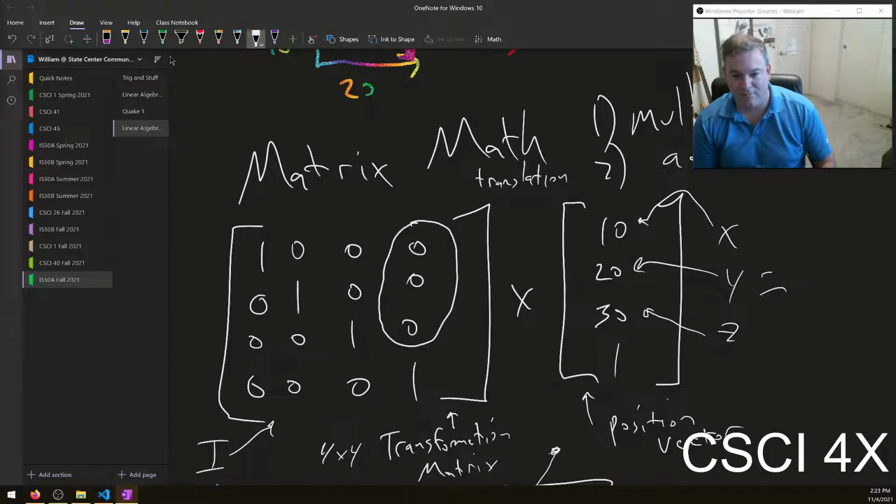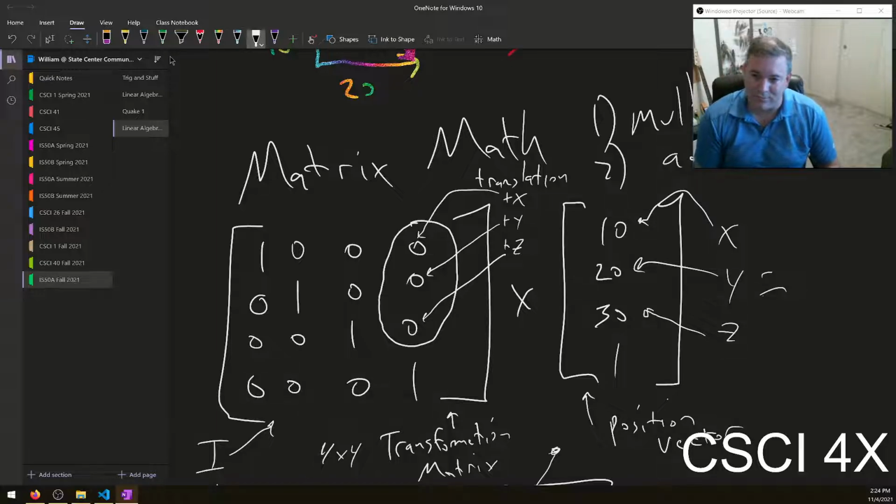So this number here means how far it moves in the x direction, how far it moves in the y direction, and how far it moves in the z direction. So the different parts of the transformation matrix correspond to different operations. And like I said, it does all of them at the same time.